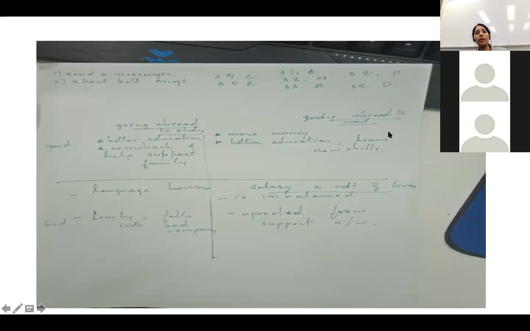What is good about going abroad to work? More money, experience, a different culture, better education, you can learn new skills. And what is bad about it? Salary and work life might be imbalanced. You might be uprooted from your support network back home and might feel too lonely and things like that. Is this clear?